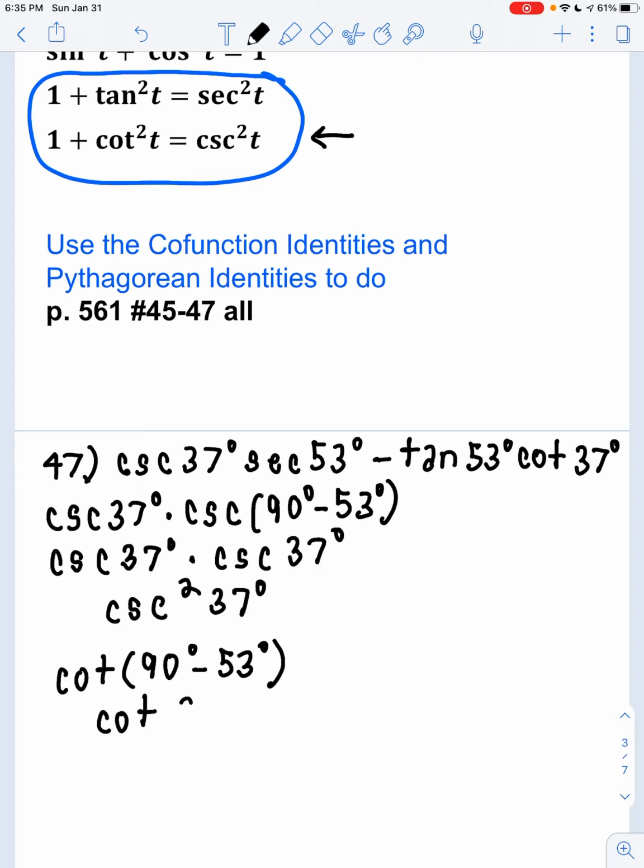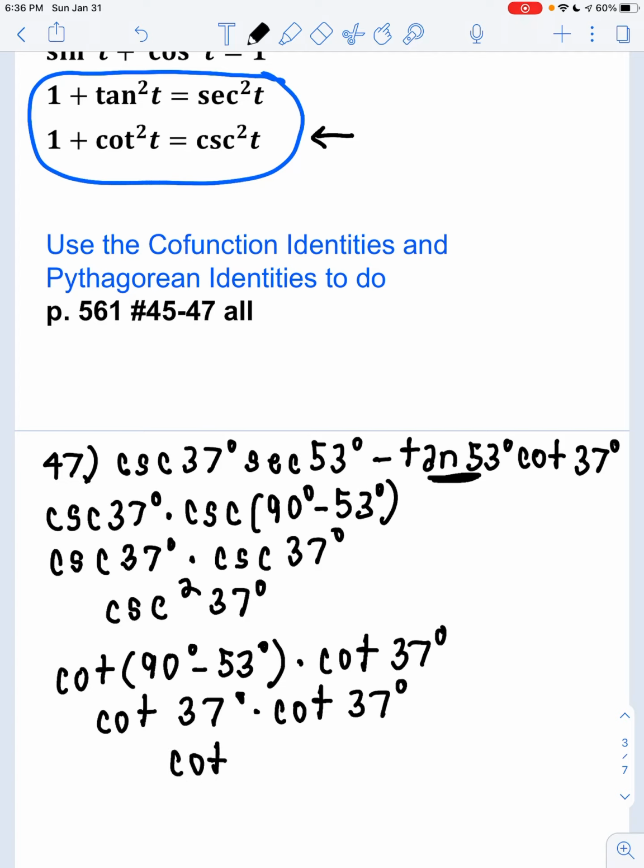And of course, that's being multiplied by the cotangent of 37 degrees. So I just rewrote this tangent as the cotangent of 90 minus 53 degrees, which means I really have cotangent of 37 degrees times the cotangent of 37 degrees. This can be written as cotangent squared 37 degrees.